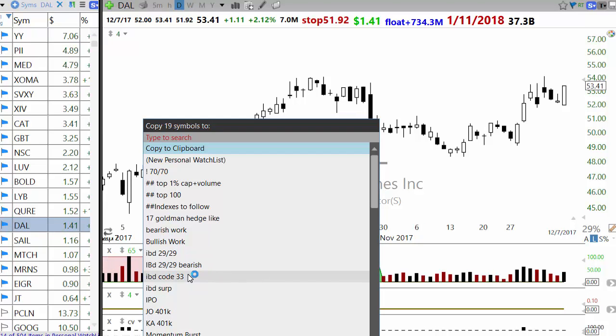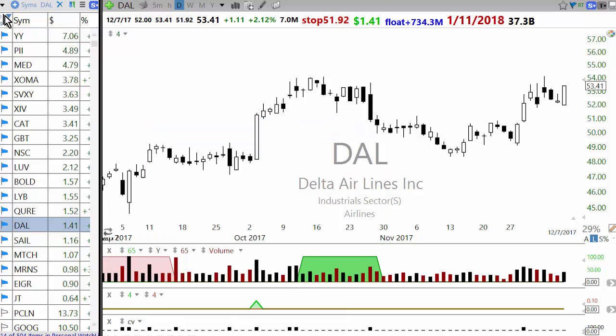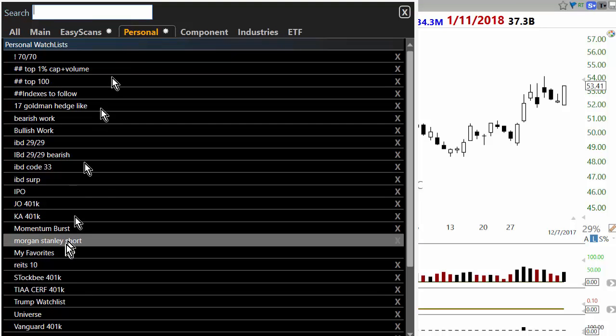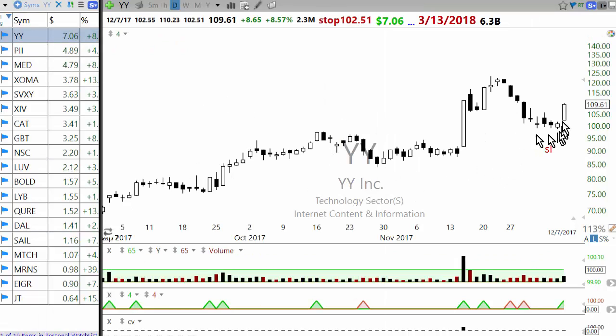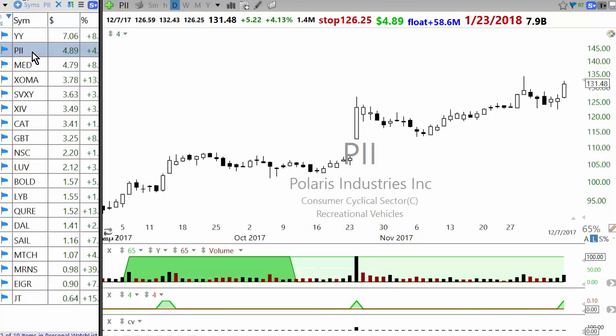So copy flagged into momentum burst, and then here is the next stage where some of these you can play only as a swing trade, depending on how you're looking at a time frame of 3 to 5 days. Some of these might be longer term plays.